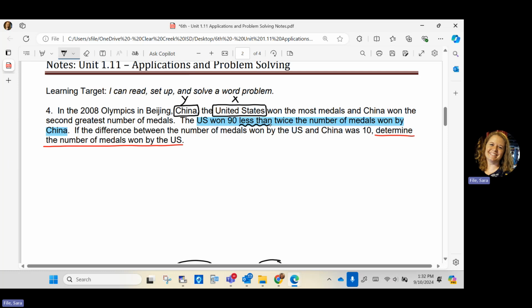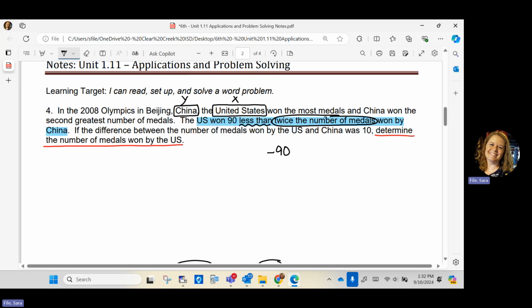Where did we put that in our table yesterday? What operation does less than mean to do? Subtract. So 90 less than means we're going to subtract 90 from something. What are we subtracting it from? We're subtracting it from twice the number of medals of China.